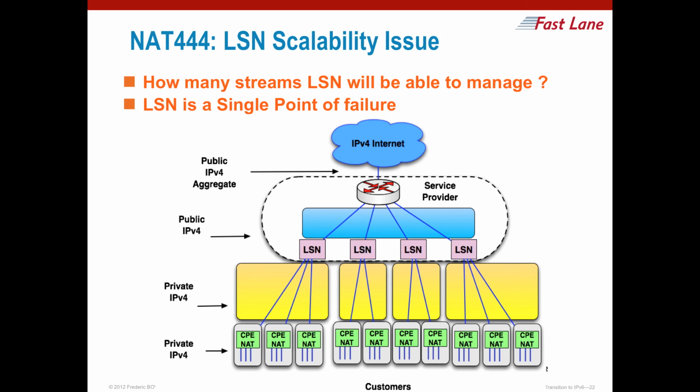So we can set a limit, but it means that when the limit is reached, there is no more service, no more access to the Internet. Also, a problem is that it is a single point of failure. So if an LSN box is reloading, all the customers will need to restart their applications to log in again.